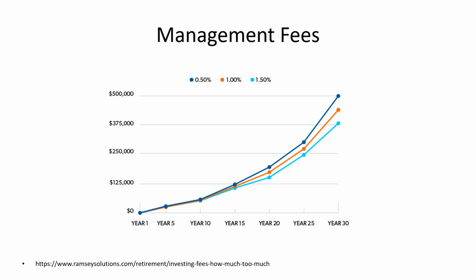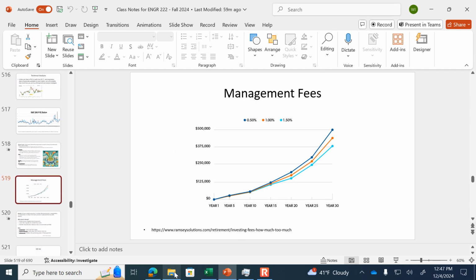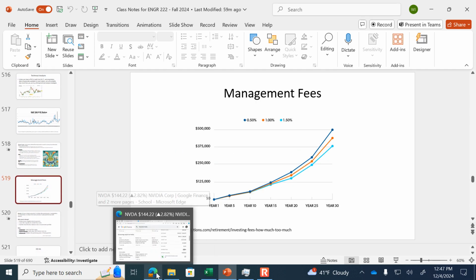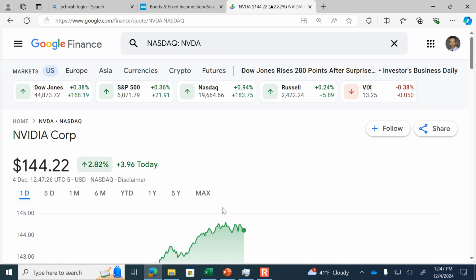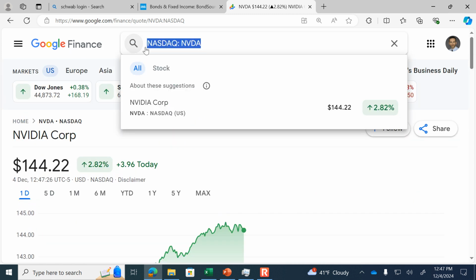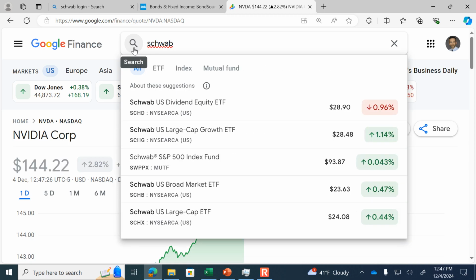And so, let's see, do I have a link here? I think that there are some really good index funds that you can get, like Schwab 500.